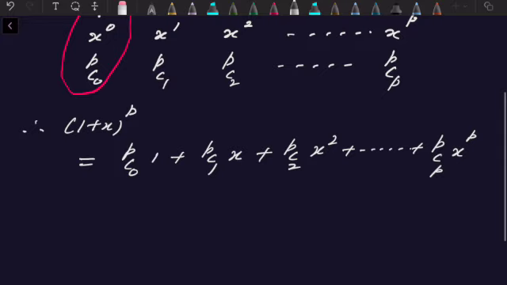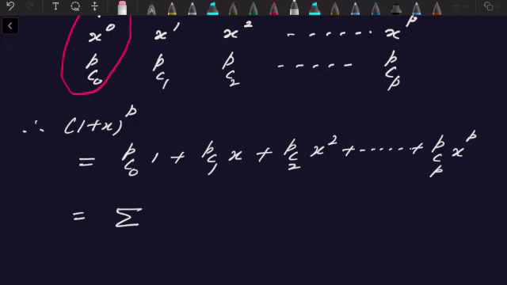Now we can summarize that with the help of sigma. We can write the nth term with the help of sigma like this. So we can generalize 0, 1, 2 up to, let's say, n.